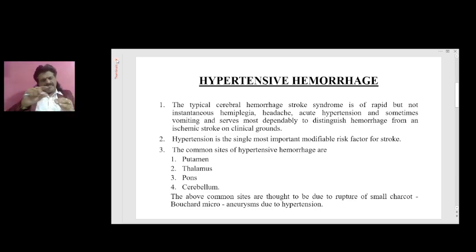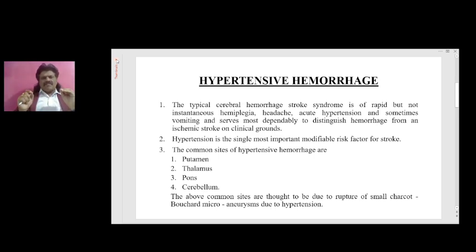If you take the time onset, thrombus takes still more time to manifest, followed by hemorrhage, which is rapid, and then embolism, which is almost instantaneous. So less rapid is thrombosis, rapid is hemorrhage, and instantaneous, suddenly developing is embolism. So by the time course, we can to some extent say whether it is thrombosis, embolism, or hemorrhage.